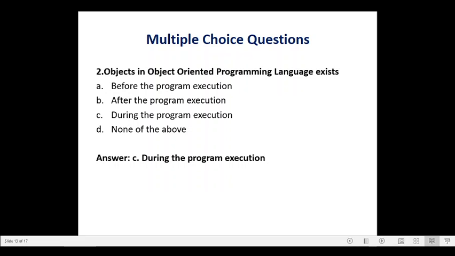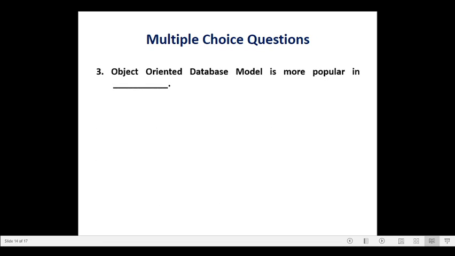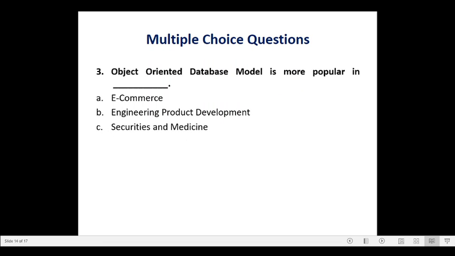So the answer is C. The next question is, the object-oriented database model is more popular in. Now let us see the industries where it is more popularly used: e-commerce, engineering product development, securities and medicine, all of the above. Yes, the answer is all of the above.